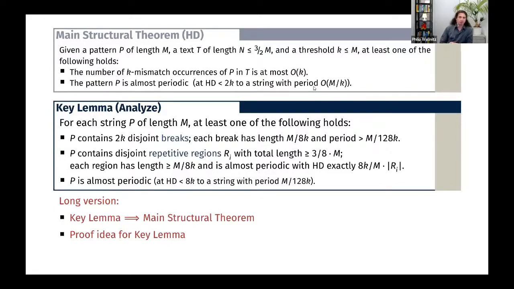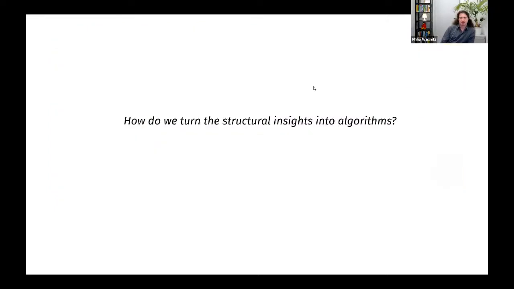Also, the proof of the key lemma is rather nice. It has a cool algorithmic proof. Check out the long version if you are interested in the details here. Instead, let me quickly mention how we turn these insights into algorithms.